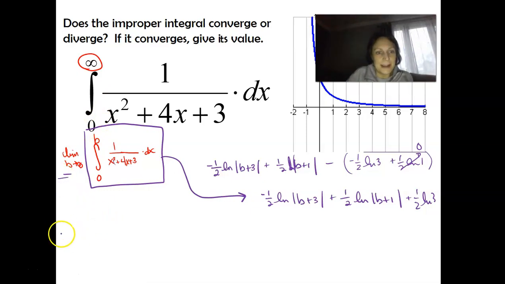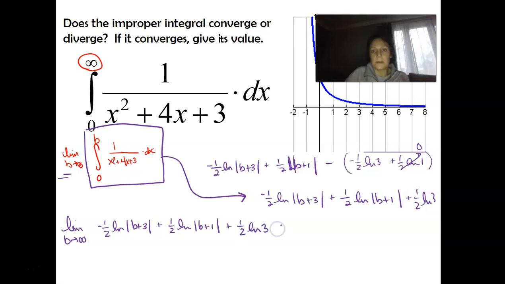I need to do the limit as b approaches infinity of -1/2 ln of b plus 3 plus 1/2 ln of b plus 1 plus 1/2 ln of 3. So let us plug in our infinity here.